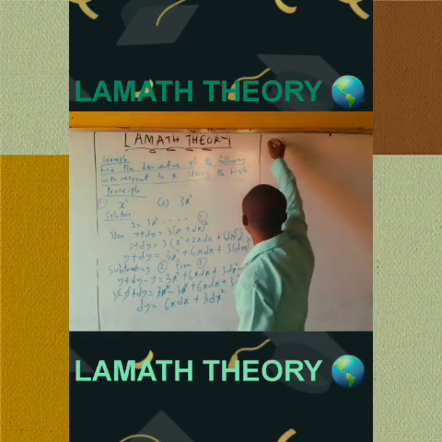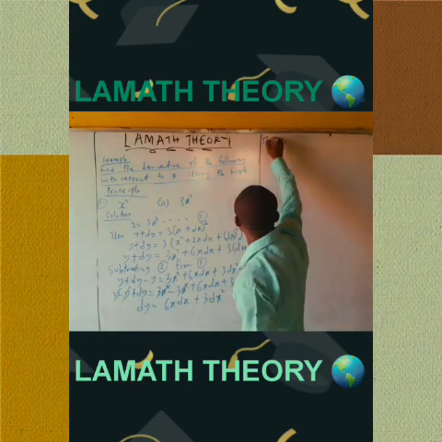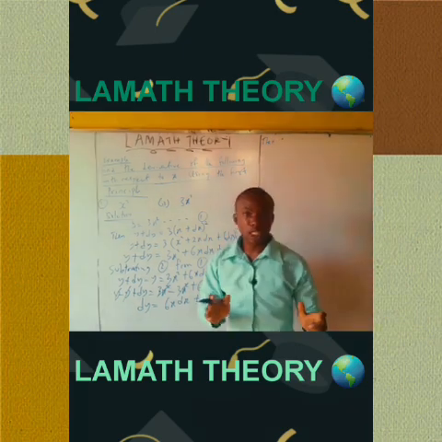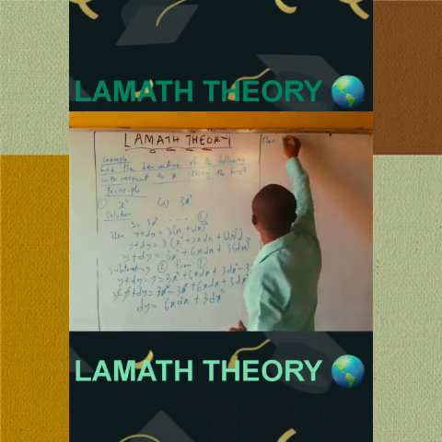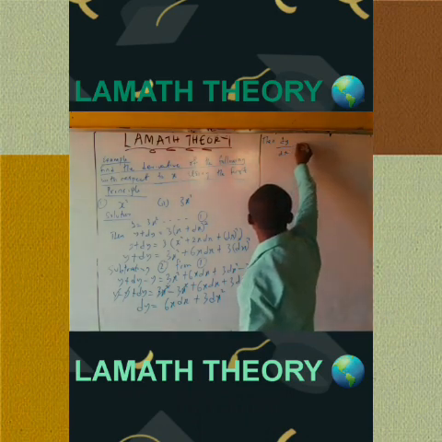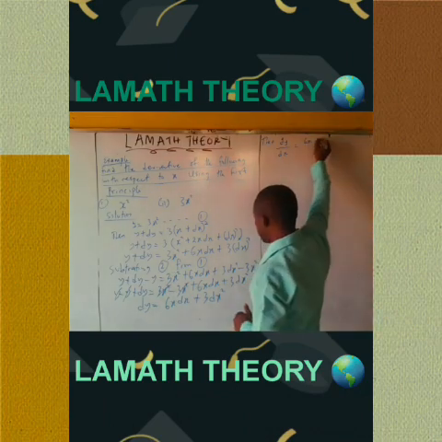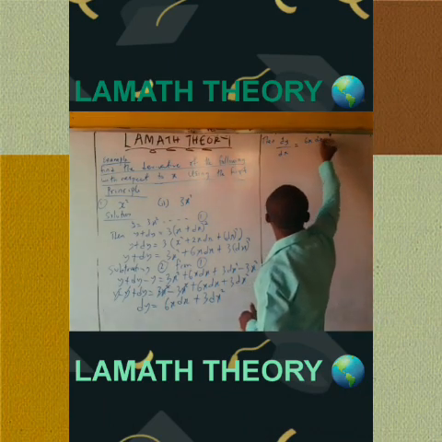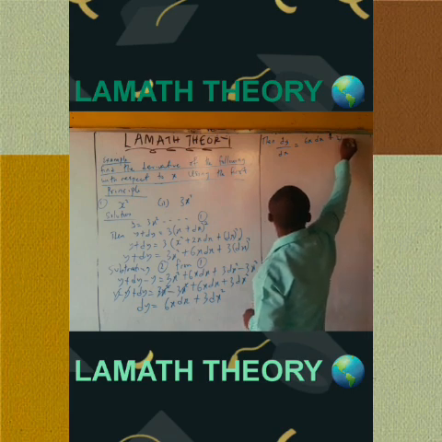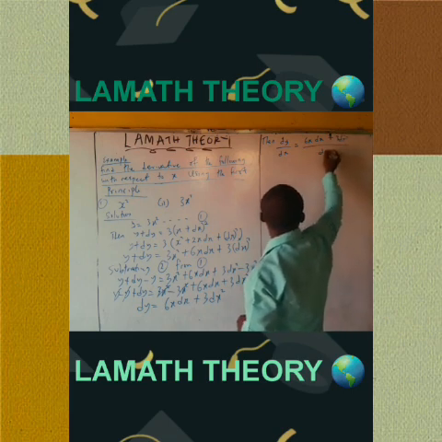So we have then, I'm going to introduce dx. So here we have dy over dx equals 6x dx plus 3dx squared over dx.